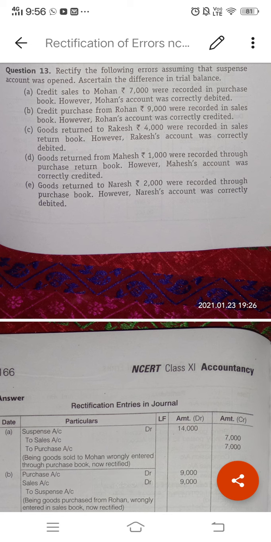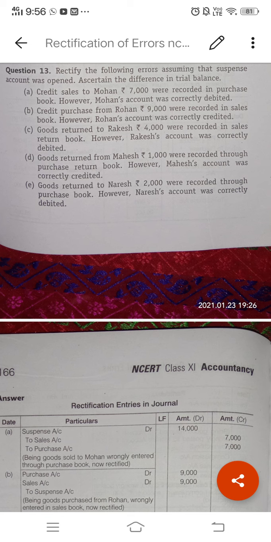Okay, so see the next transaction. Credit purchases from Rohan were recorded in the sales book and the Rohan account was correctly credited. So what is the correct entry for credit purchases from Rohan? That is purchase account debit to Rohan account, and the Rohan account was correctly credited. Instead, it was recorded in the sales book. The sales book is a credit balance, so there is an excess of 9,000 in the sales account.